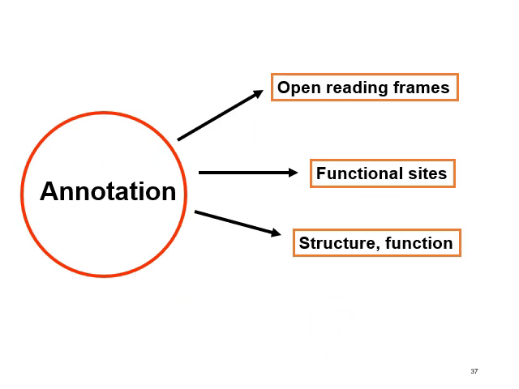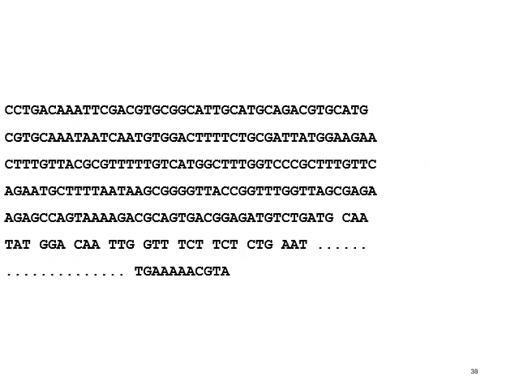What kind of annotation may a gene sequence have? It may have open reading frame information. It may have functional site information. It may have structure and function information. Like in this example, you can see this is the gene sequence, but we do not get any insight into this sequence by just reading the nucleotides.